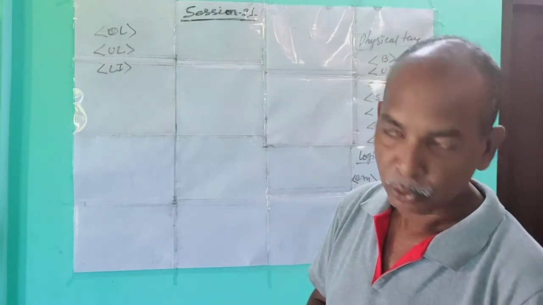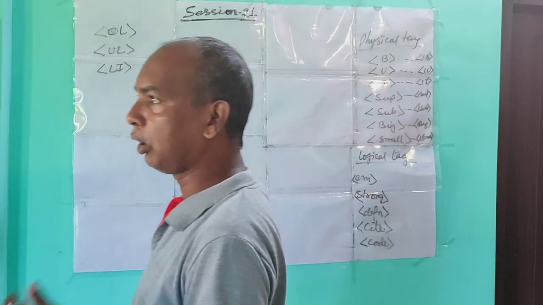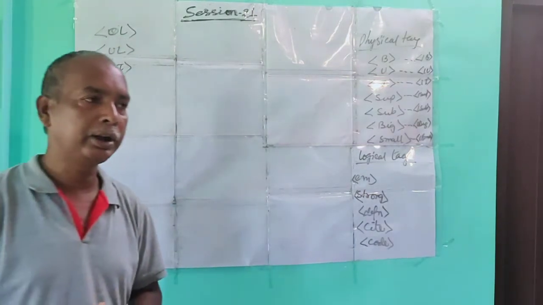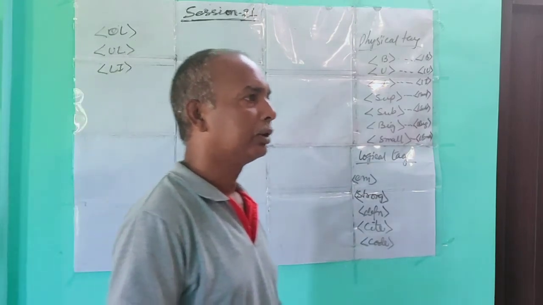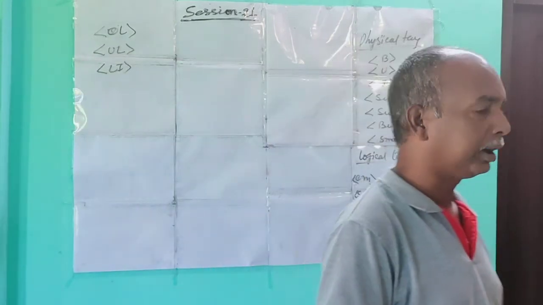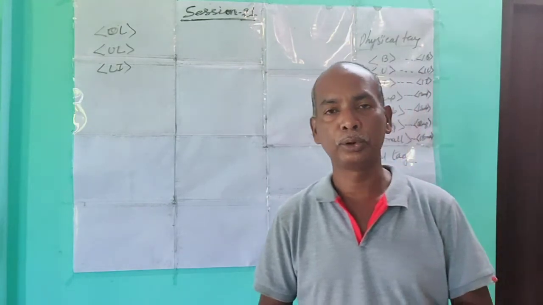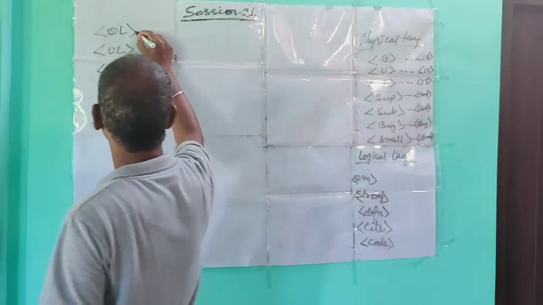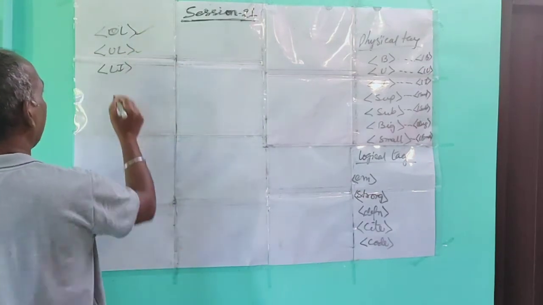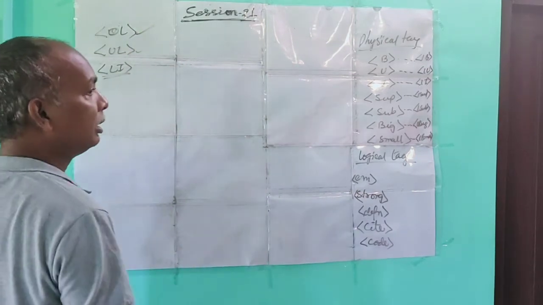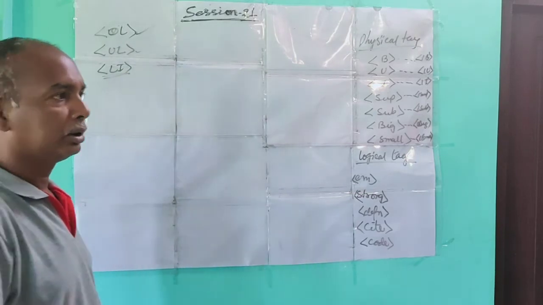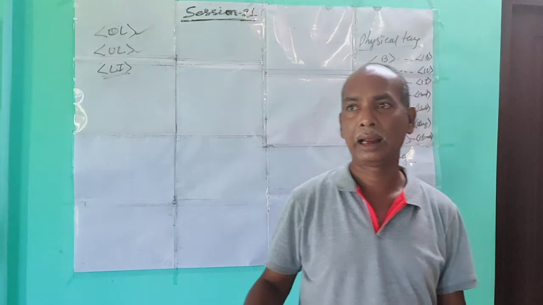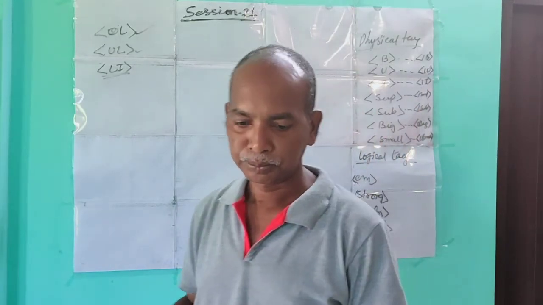That means where specific ordering is not required, we use unordered list, and where the ordering is needed, we have to use ordered list. So OL is the ordered list and UL is the unordered list. LI means list items. In both OL and UL, we have to give the LI tags.